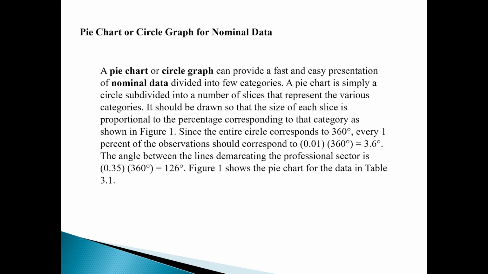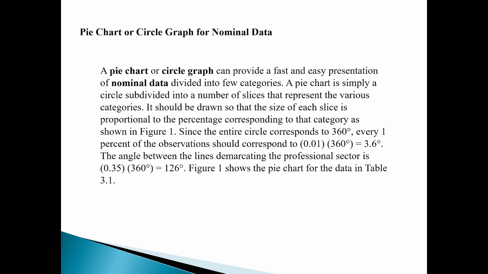So what is half of a circle? We have mentioned your circle has 360 degrees, right? So half of it should be equal to 0.5 times 360, so it's 180 degrees. So half, or 180 degrees, of that circle graph or pie chart should belong to that particular category.